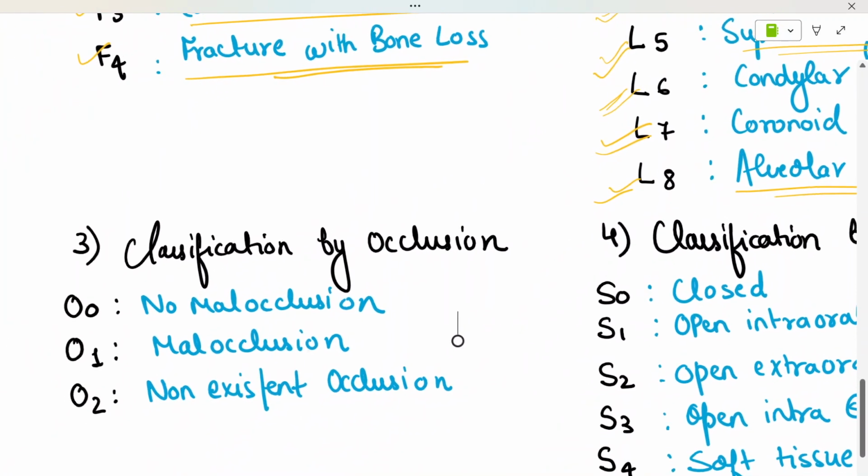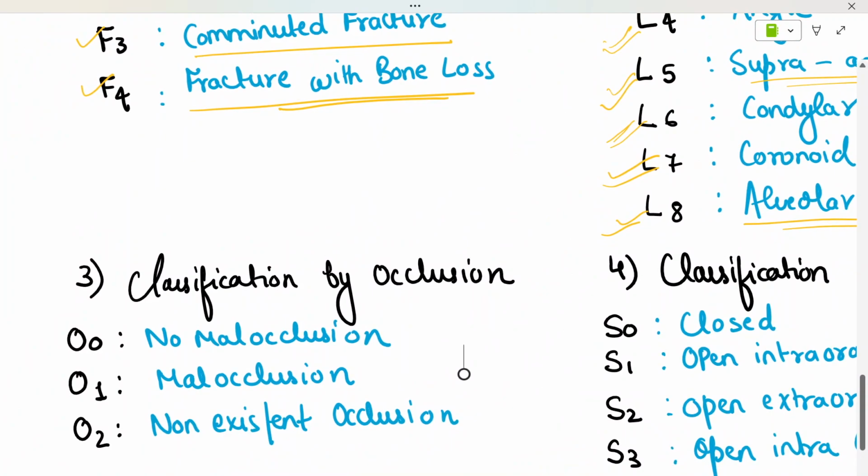Now coming on to the O part, that is the occlusion. After the classification, if there is no malocclusion, that means if you close the mouth, there is proper occlusion, then it comes under O0, no malocclusion. If there is malocclusion, then it comes under O1. Then non-existent occlusion.